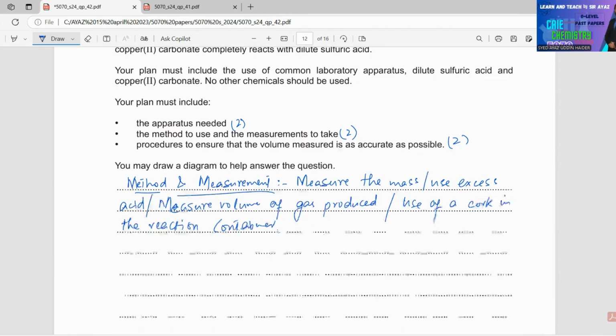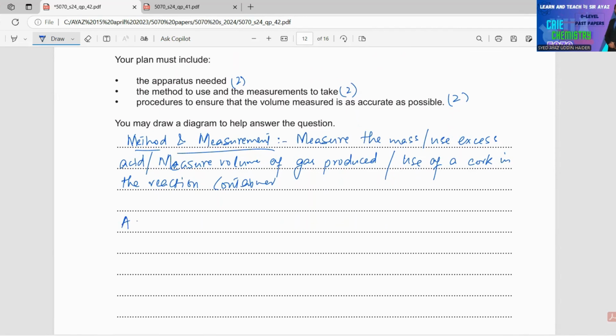Now, in order to get an accurate result, you can pick any two statements from these. For accuracy, you have to wait until no more bubbles are produced, for instance, wait until no more effervescence.